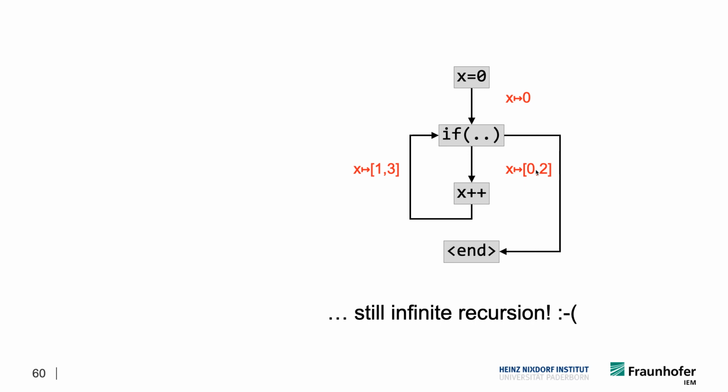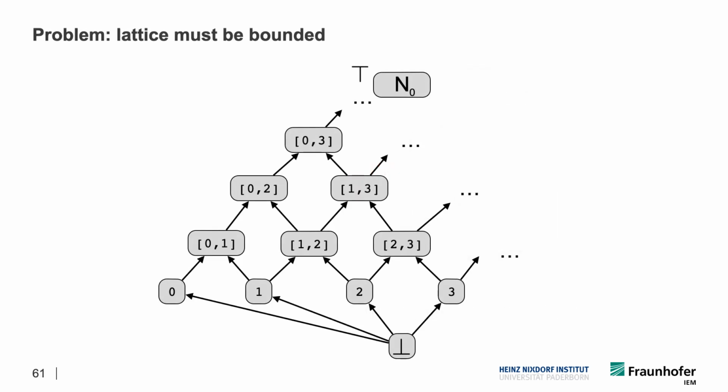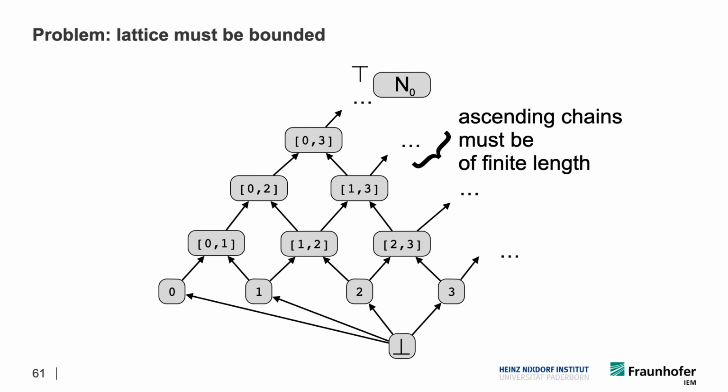But the interval lattice, by its very nature, is not. So you can still have infinite recursion. And that's really the problem here, right? Normally the lattice must be bounded for the analysis to terminate. But here we have so-called infinite ascending chains. So you can always continue merging. And that is a problem.